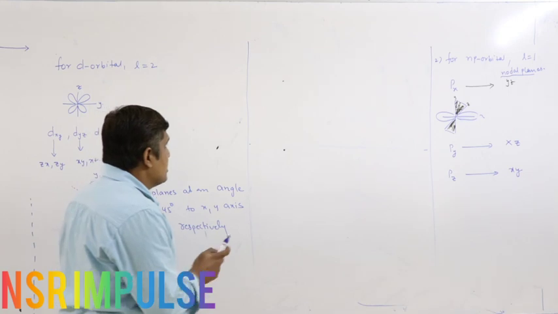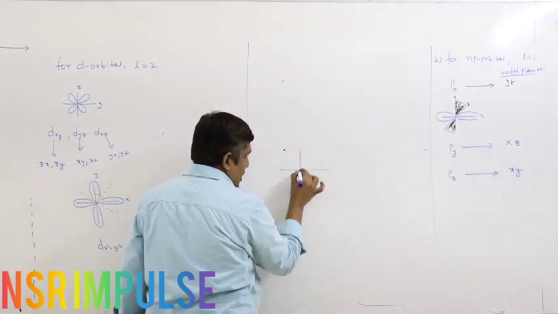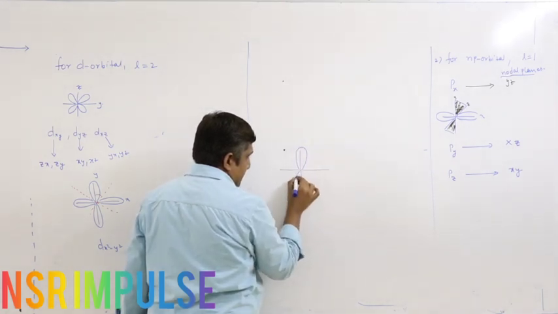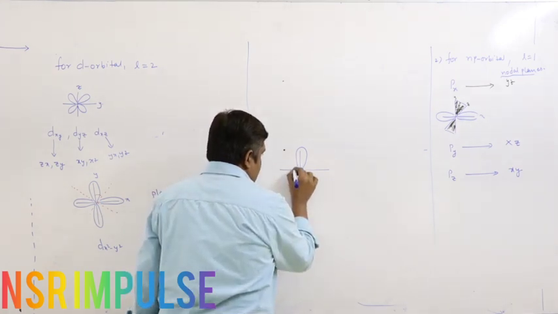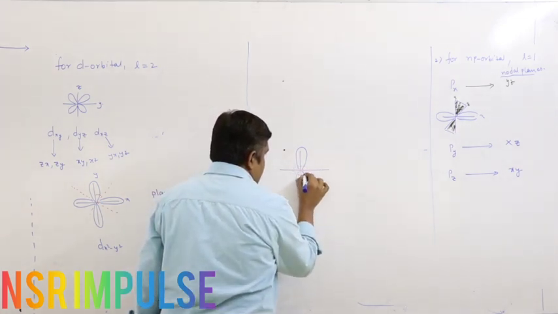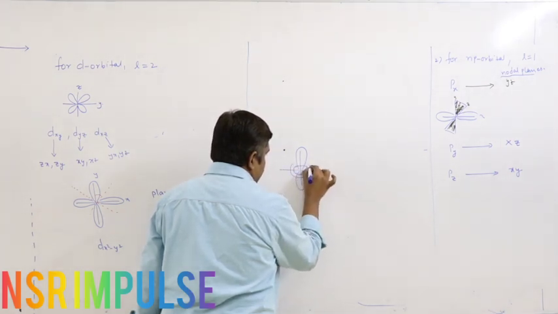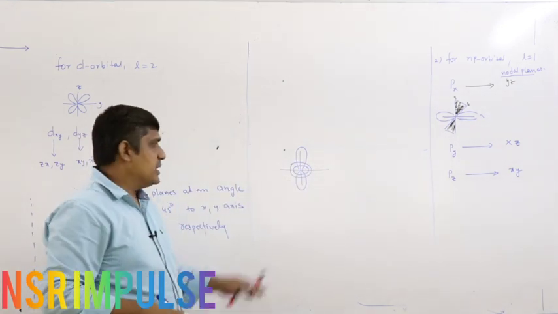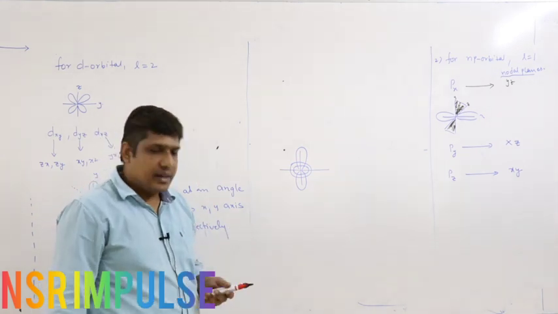The last one is dz square. If you see the shape of dz square, there is a conical shape like this. Because of this, if I draw any plane, it passes through the region where there is some probability of finding electrons.